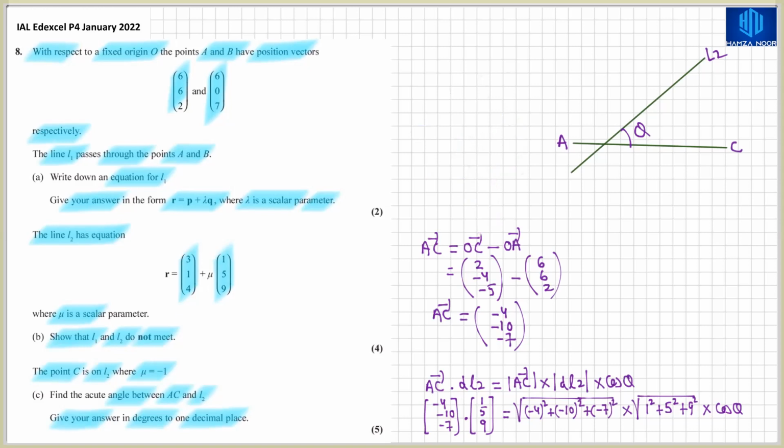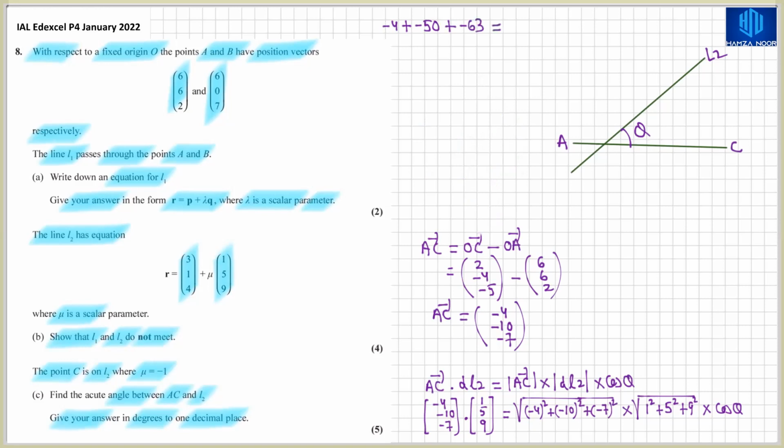All right. So the scalar product would be -4 times 1, which is -4, plus -10 times 5, which is -50, plus -7 times 9, which is -63.